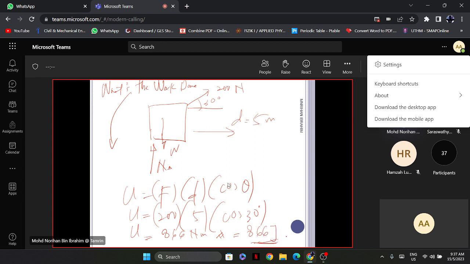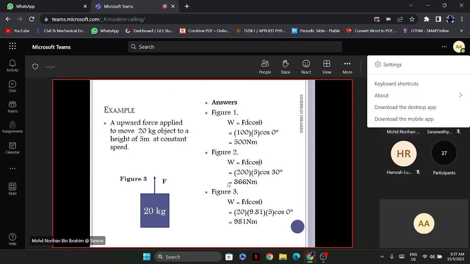So maknanya dia you can use any one of these lah to represent the work done. Is there any question before we continue with the last one, example 3.